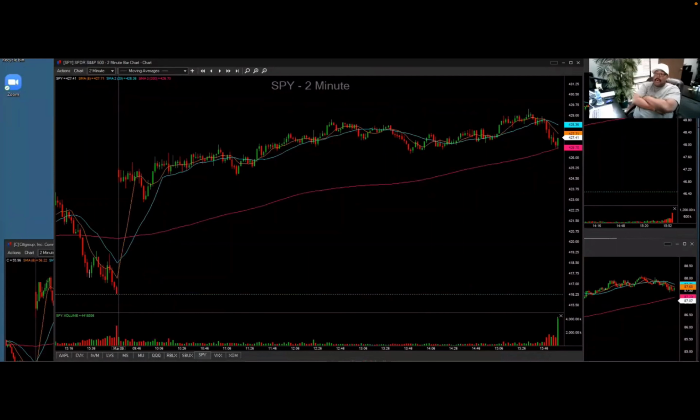Is that higher? Is that lower? Is it flat? Where am I trading now in relationship to that? Where it's more than likely going to wind up at the end of the session today. That's another good tool there.